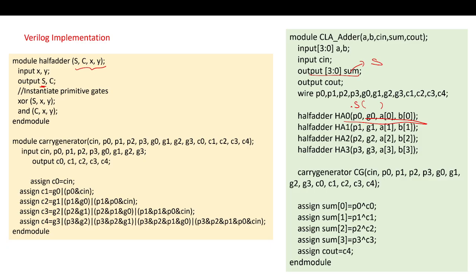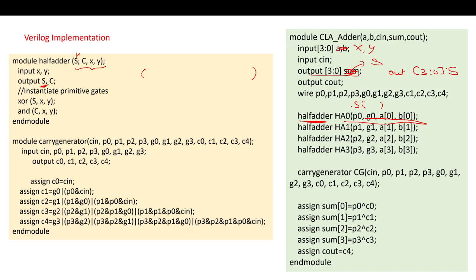Can you repeat? I missed it. Like here having s, here also I can keep output [3:0] as s. This will not affect. I can use x and y here, and again here also I can use x and y. This will not have any effect. But if I am calling this half adder here, I should either pass whatever variable I want for sum in the same order.